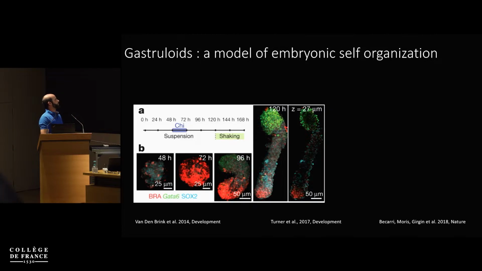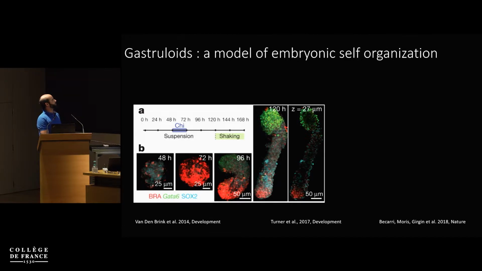The gastruloids have been mentioned by Ben in the previous presentation, but what makes them interesting is that they are able to recapitulate gene expression patterns that are typically found in an embryo, with quite limited positional information input.